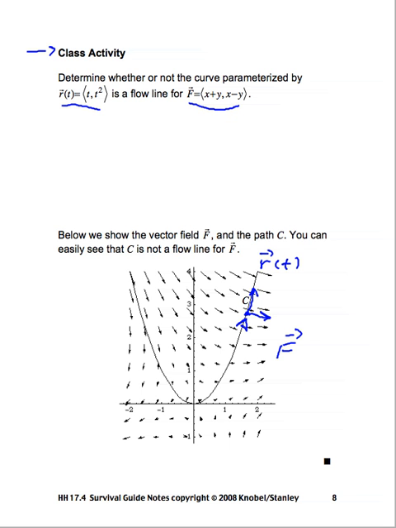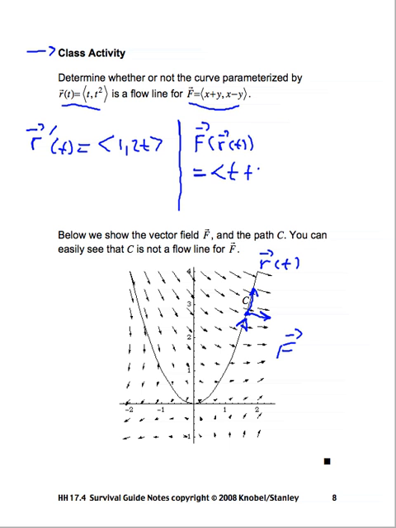Well, again, we start by computing r prime of t, the velocity vectors for our path. These are independent of the vector field. These are determined by the path itself, and we get 1 comma 2t. And then on the right, if we look at f of r of t, you're going to get x plus y, so you get t plus t squared.